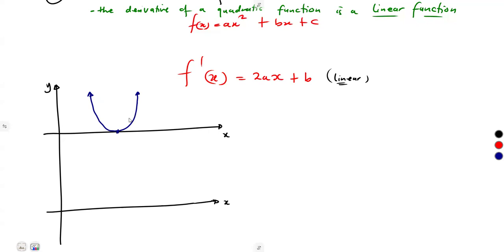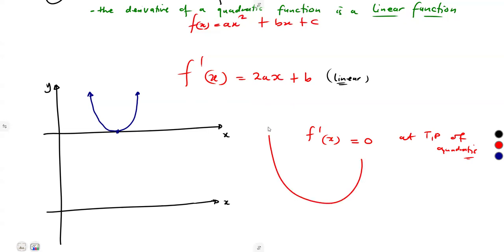You are going to notice that at the turning point, that's where the first derivative is equal to 0, the turning point of our quadratic, the original function. Remember the properties at the turning point, the first derivative is equal to 0.